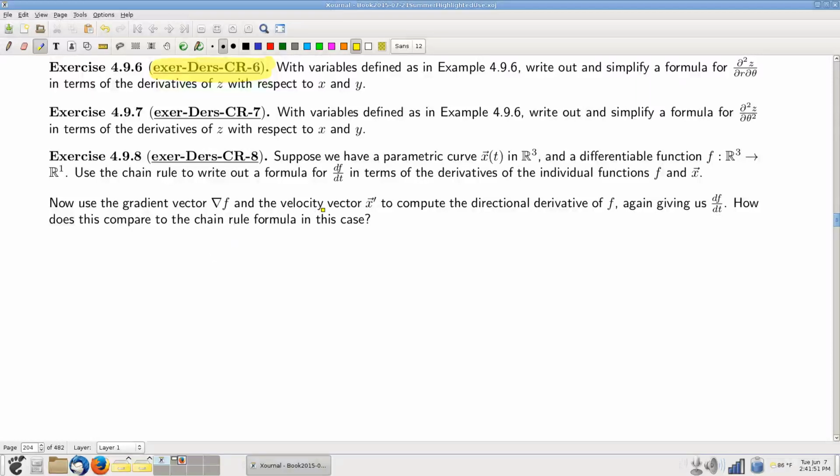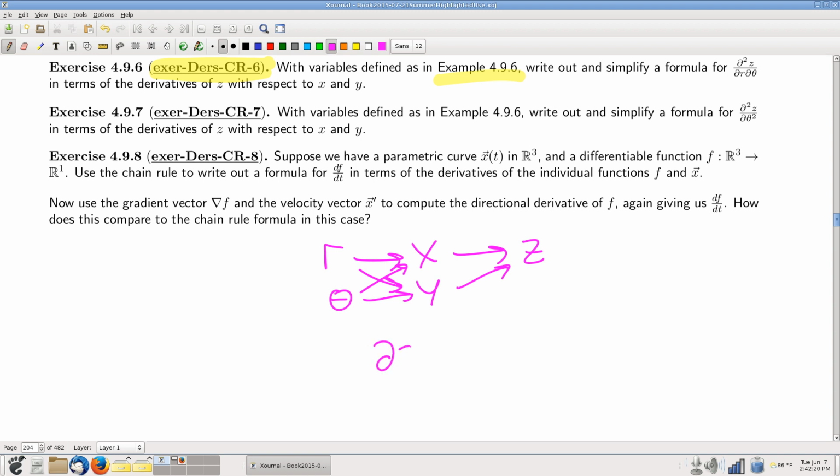Okay, so this calculation is going to have a lot in common with what we've already done in that previous example. So definitely look at that old example. Let me remind you the roadmap: z is a function of x and y, but then x and y individually are functions of r and theta. And we've already written down the partial of z with respect to r.